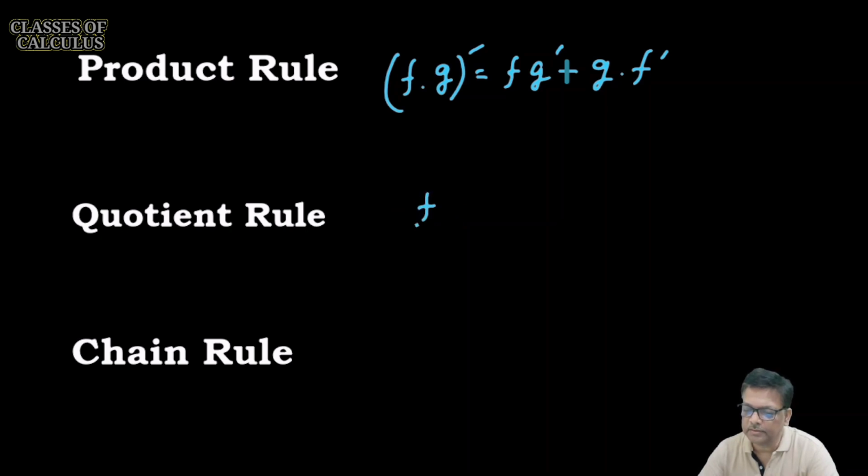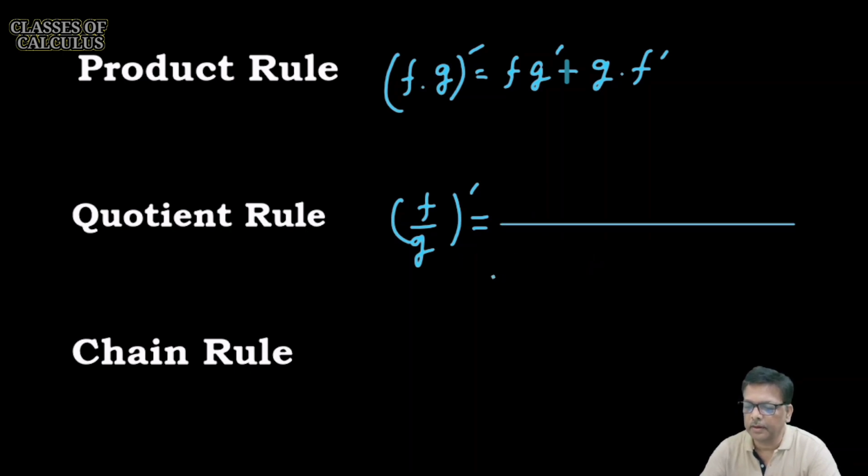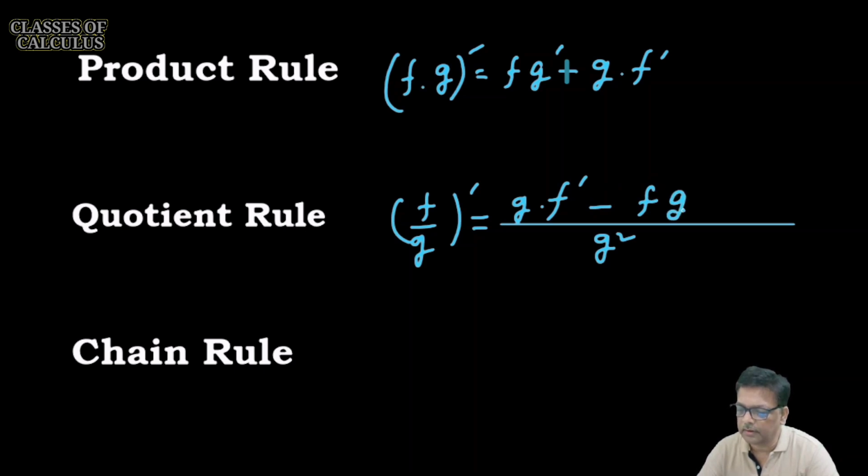It will be f by g, and the derivative of this is equal to, you have the denominator square, that is g square, and here the denominator g into the derivative of the numerator, that is f dash, minus the numerator, that is f, into the derivative of the denominator, g dash.